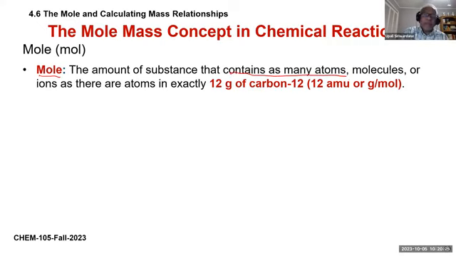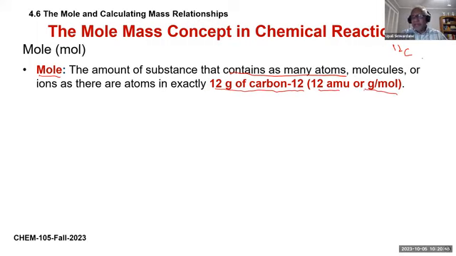Strictly speaking, a mole is defined as the amount of substance in 12 grams of the carbon-12 isotope. The mass of a carbon-12 isotope is 12 AMU or 12 grams per mole.